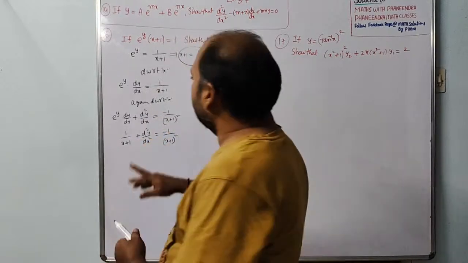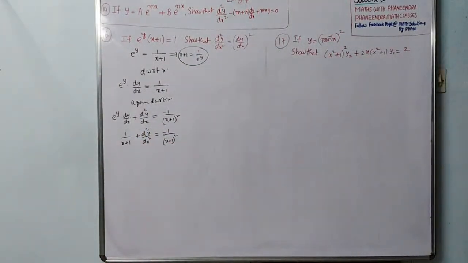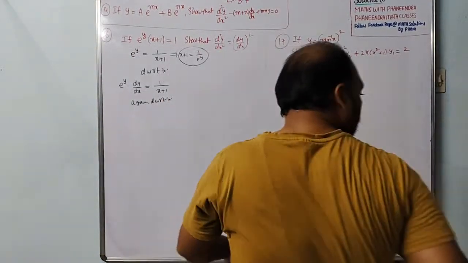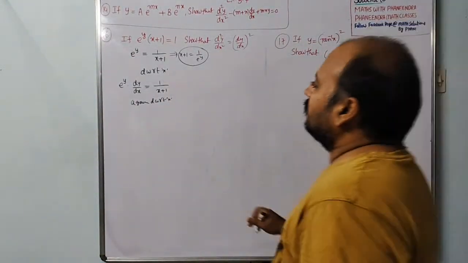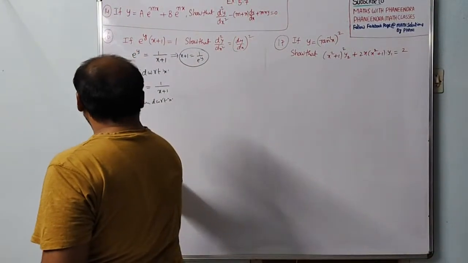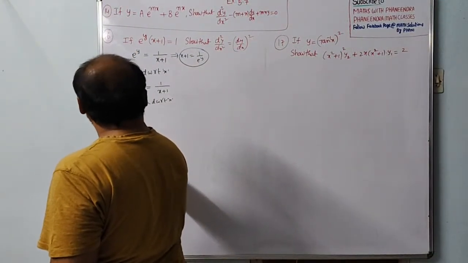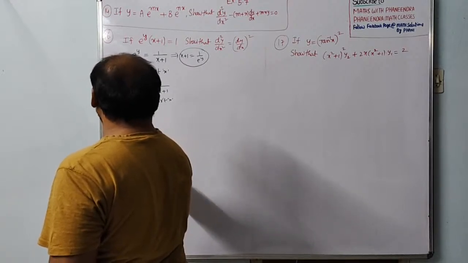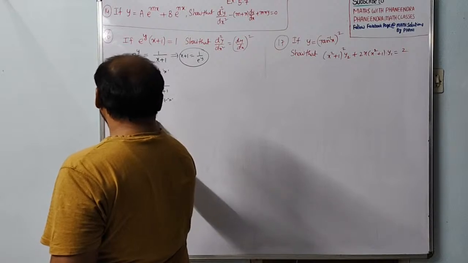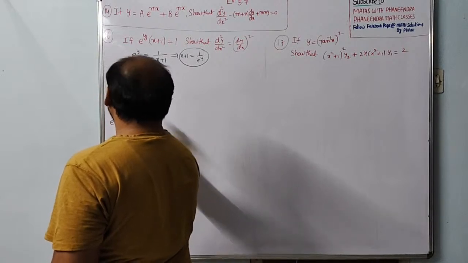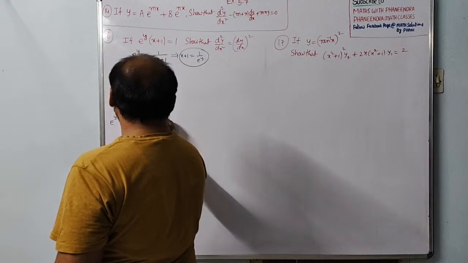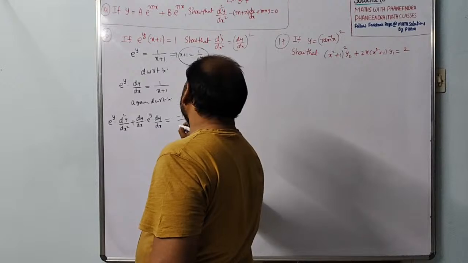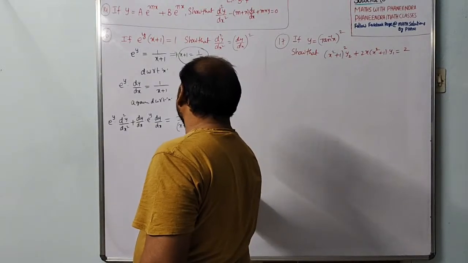Sorry dear students, here I forgot to differentiate twice. Here UV formula we can apply now. This is u, this is v. u e power y derivative is e power y. Sorry, u we are keeping there, and dy by dx derivative is d square y by dx square, plus dy by dx into e power y derivative, which is e power y into dy by dx, is equal to minus 1 by x plus 1 whole square.